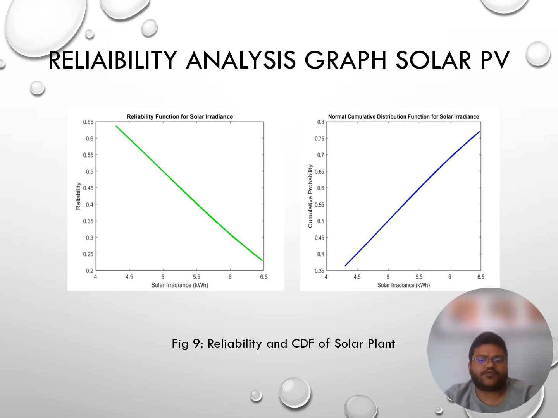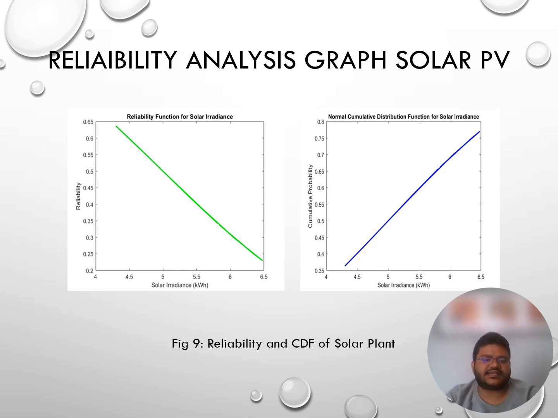And the probability, that is the reliability, is inversely proportional to the cumulative distribution function. So when reliability increases, the cumulative distribution function decreases, and if reliability decreases, the cumulative distribution function increases.